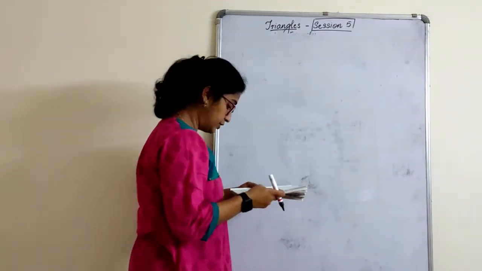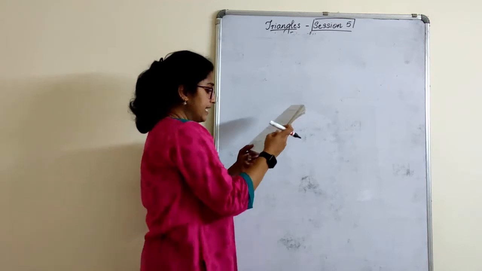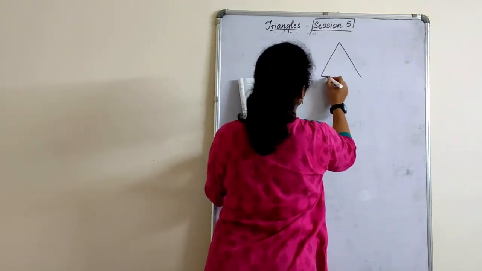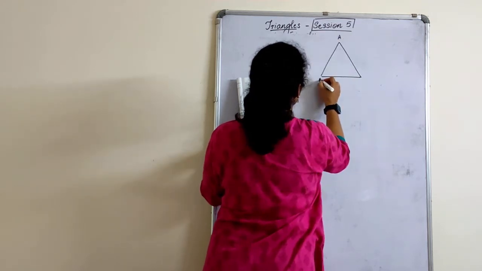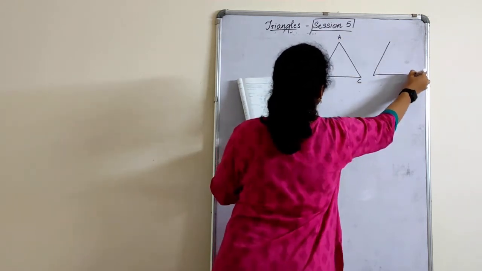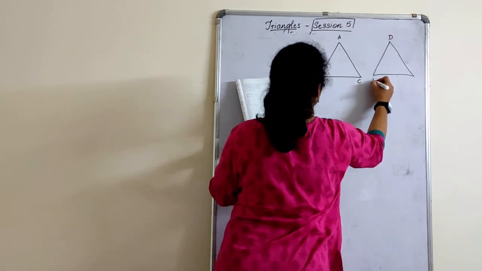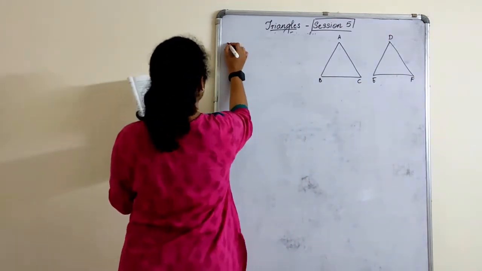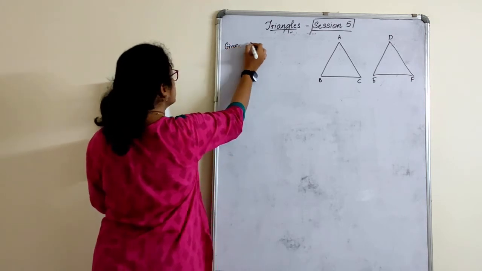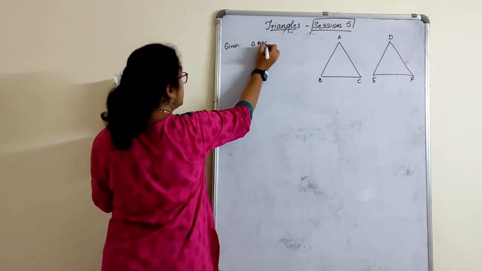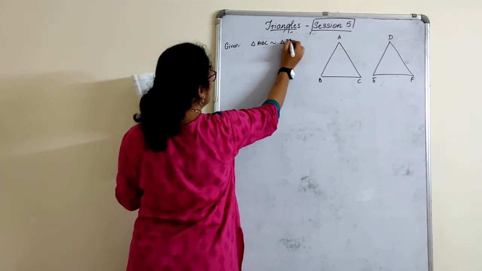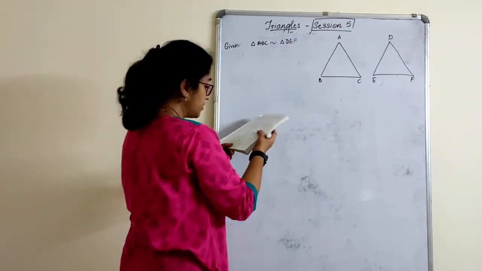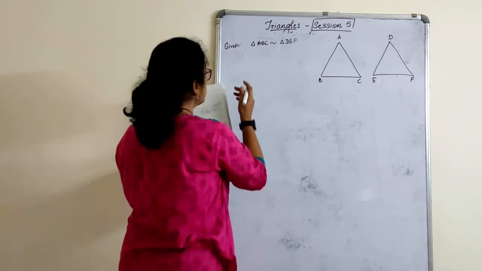Okay, first one: in triangle ABC and DEF, both are similar, it is given. Triangle ABC is similar to triangle DEF and their areas are respectively 64 centimeters square and 121 centimeters square.